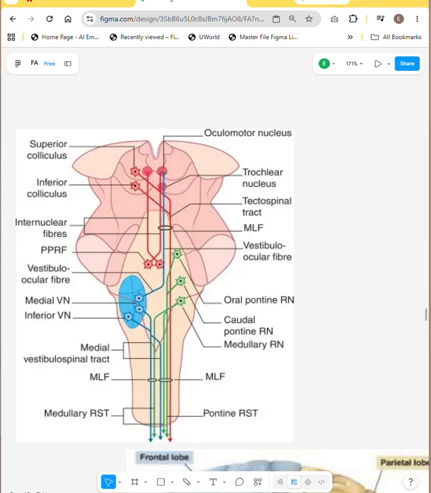Convergence is usually preserved unless the lesion involves the oculomotor nucleus. Common causes are multiple sclerosis or brainstem stroke or ischemia, and less commonly trauma, tumors, and infections, right?